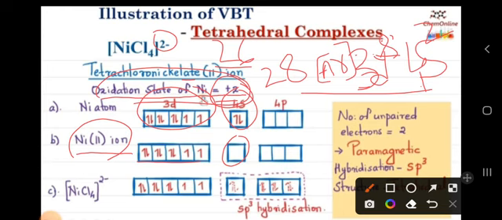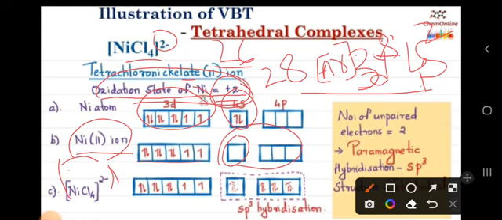And coming to here, after rearranging the molecule, what I have told in the first step, what does the valence bond theory explain? Coordinate covalent bond. So how will it give a coordinate covalent bond? Here how many Cl4 minus are we having? 4. So how many vacant orbitals are we having? 4.